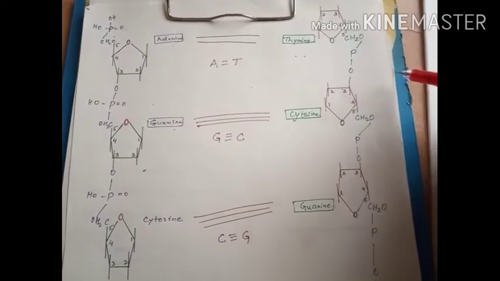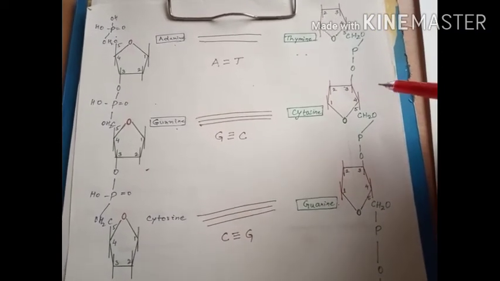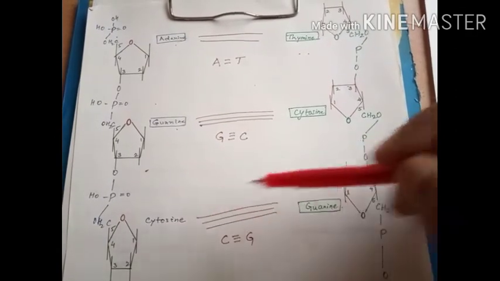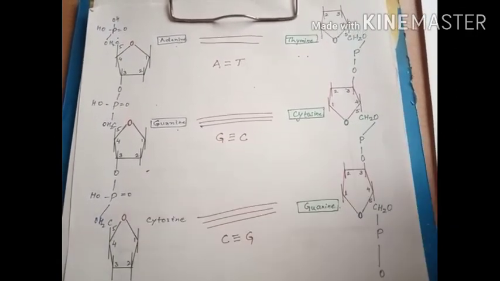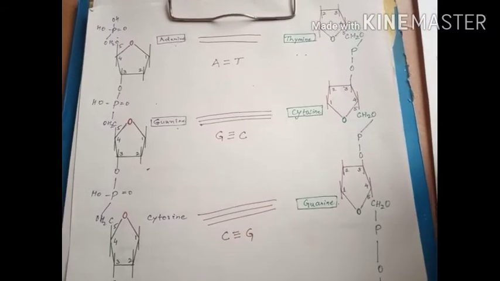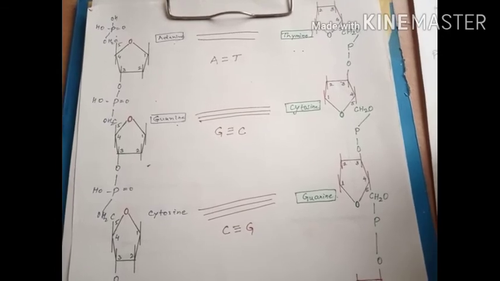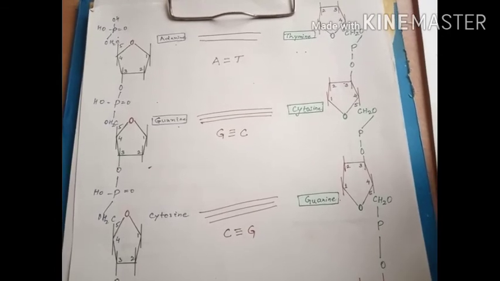Now, one more property. The two polynucleotide strands of a DNA helix run anti-parallel, that is, in opposite directions. One strand has phosphodiester linkage in 3' to 5' direction.